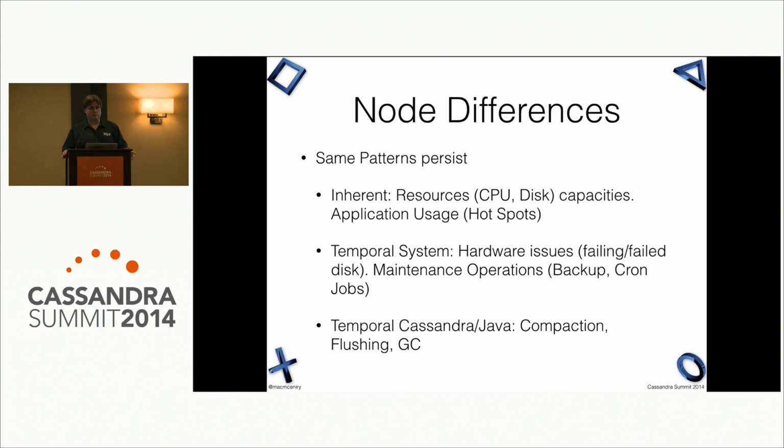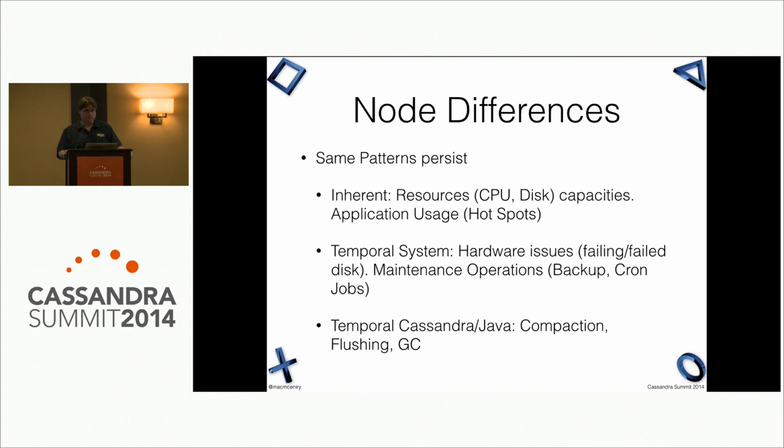You also have application usage. Given the way the partitioner spreads the load, when you're seeing hotspots, you're also going to be seeing potential latency increases. Even though they're all hitting the same thing, and it's probably hitting it in memory and serving the same data out, you're still going to see a latency impact.